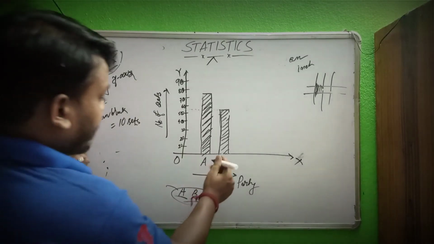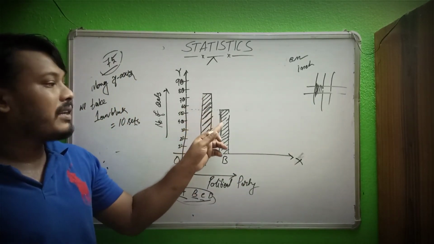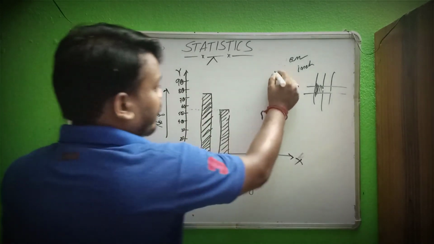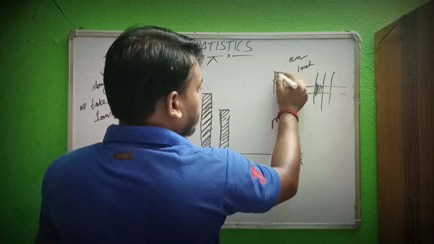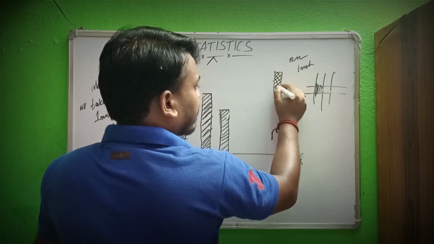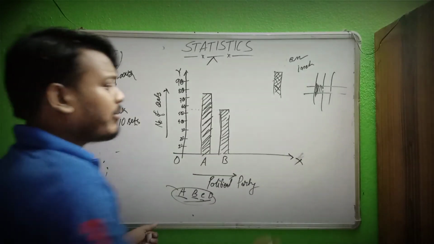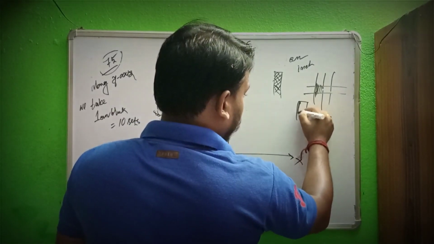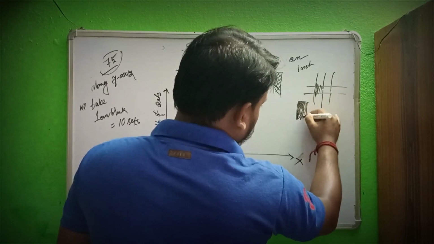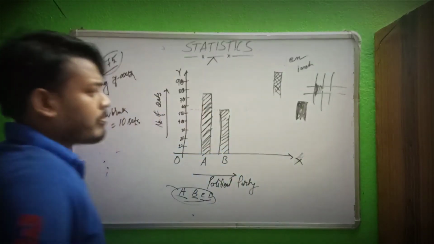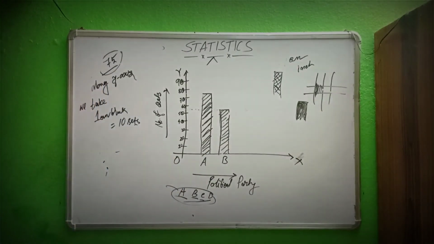Okay, so it is for B. And one thing, the presentation of the bar is your choice. If you want to give it in this way, with the lines in this way, then also it is correct. It is not necessary in which way you will present your bar, or you can set the bar by pencil. So it is your choice. There is no condition.